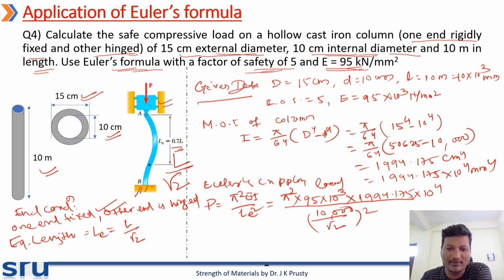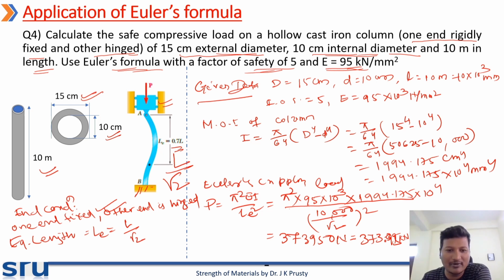If you solve this equation, you will get the answer 373950 Newton, or 373.95 kilonewton. Now I need to find out the safe load.